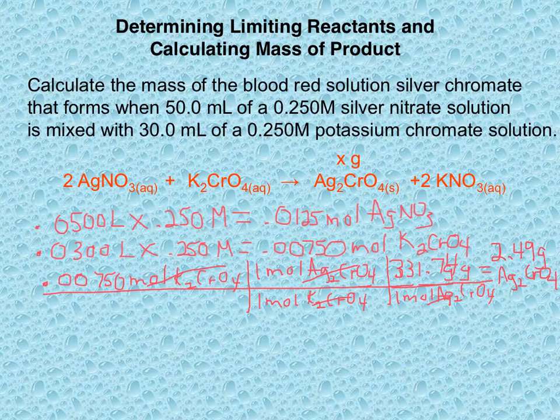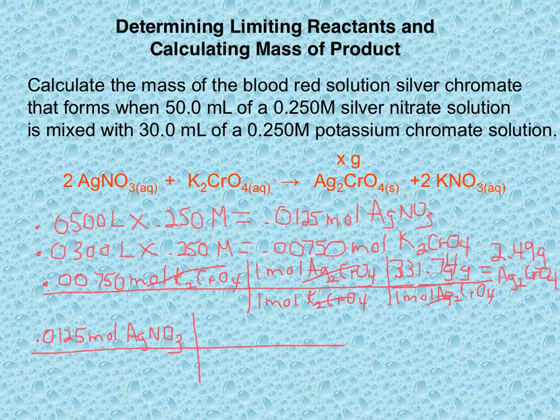Okay, so now let's go back with the other reactant, the 0.0125 moles of silver nitrate, and see what that will produce. The ratio now, 2 moles will produce 1 mole of silver chromate.